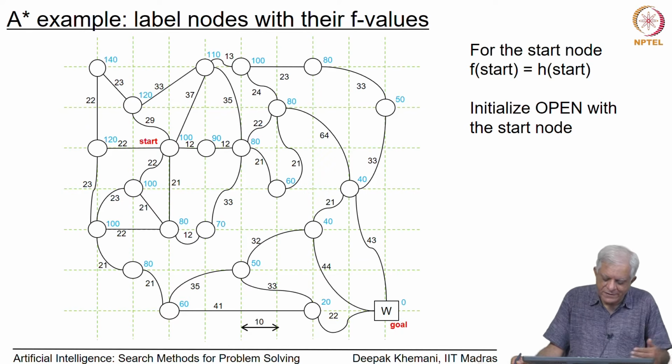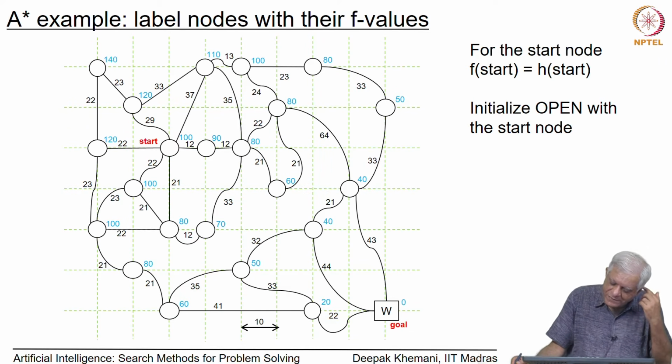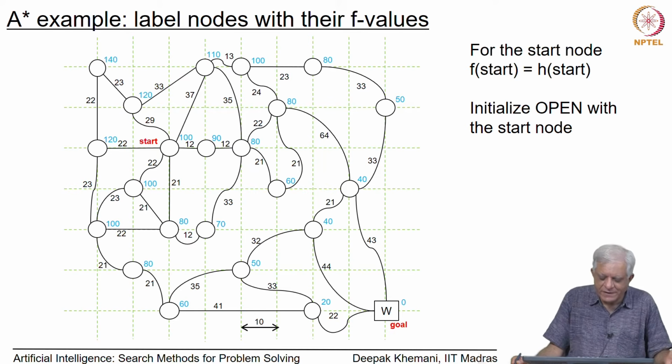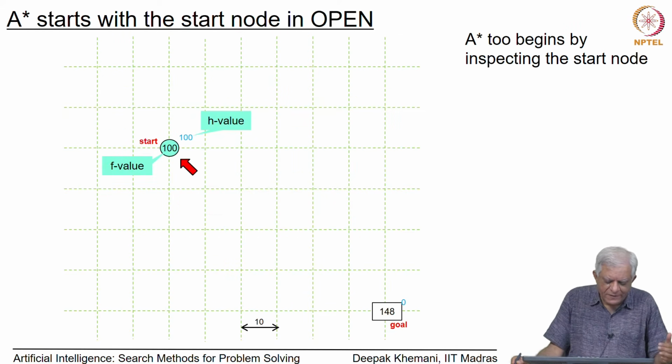The h values are the heuristic distances which have been labeled here for the entire graph, and g values will be computed as and when we explore more and more of the graph. We start off with the start node as before, and you can see that the label inside the node is 100, which is its f value.